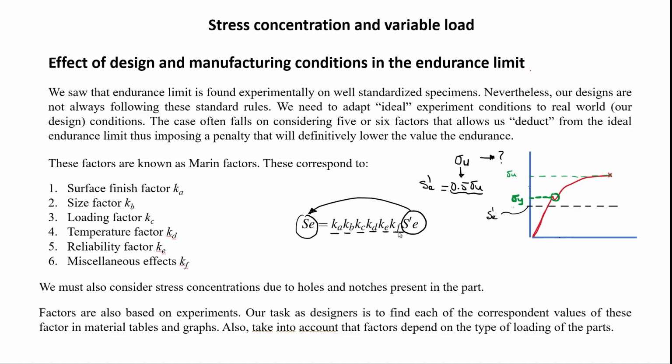Knowing how engineering works, most probably each one of those factors is going to be less than 1. And if a factor in this multiplication is less than 1, and obviously larger than 0, it means I'm going to bring the theoretical endurance value even lower in my design.